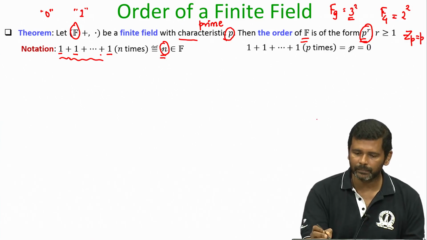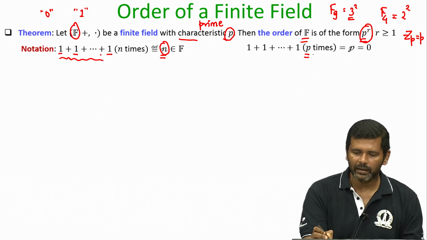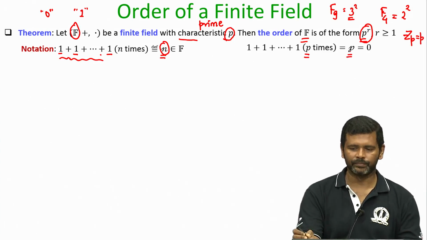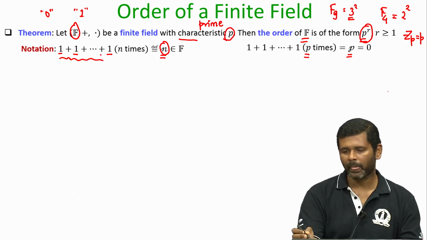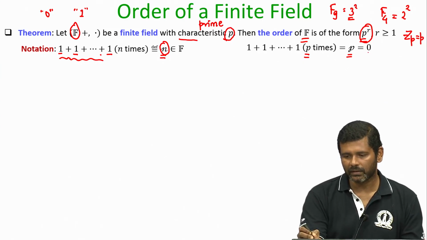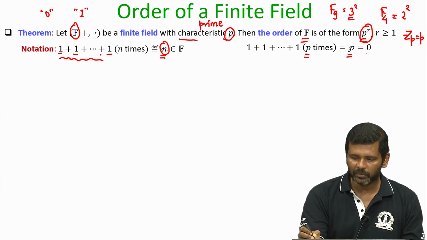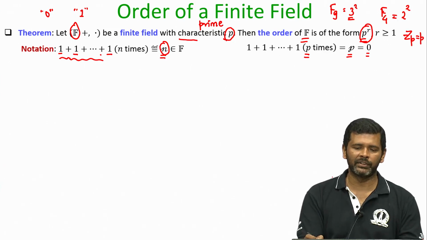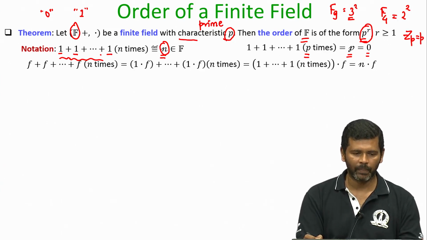In the same way, 1 added to itself p number of times will be represented by this special font p, and since the characteristic of the field is p itself, this element p with the special font is nothing but the element 0. That comes from the definition of the characteristic of a field.